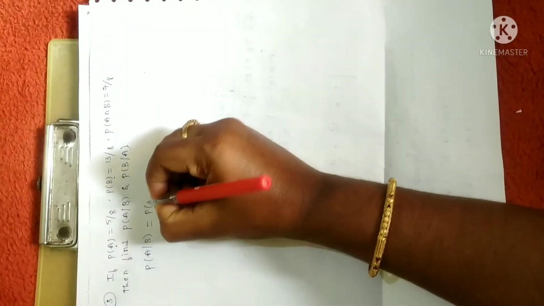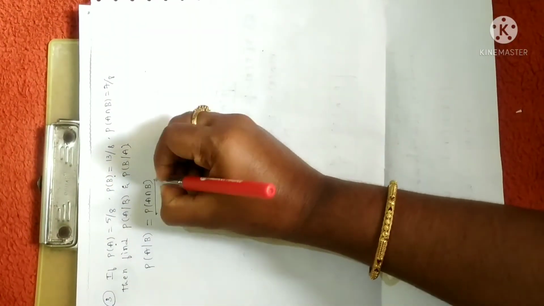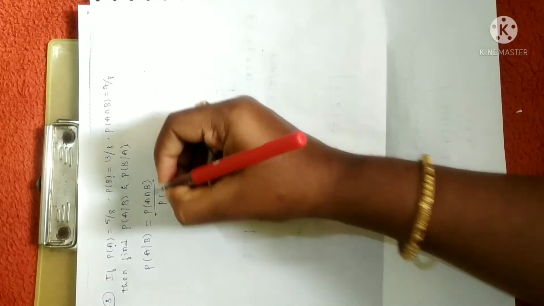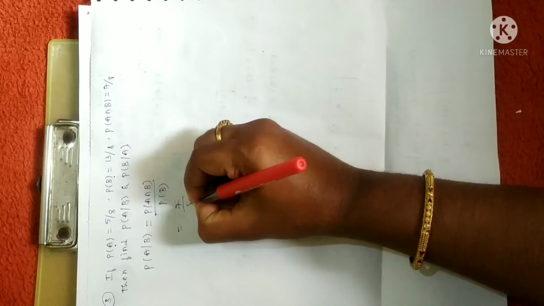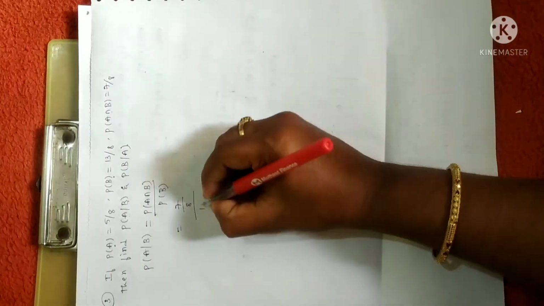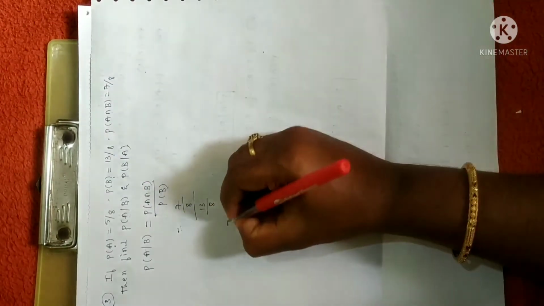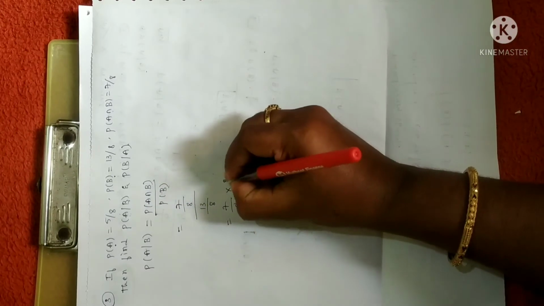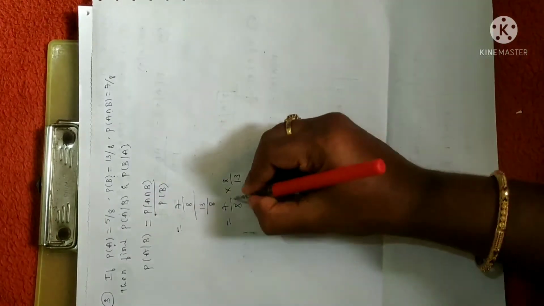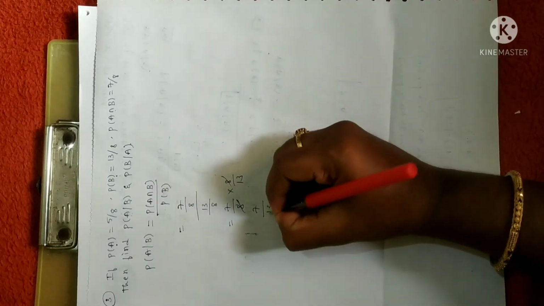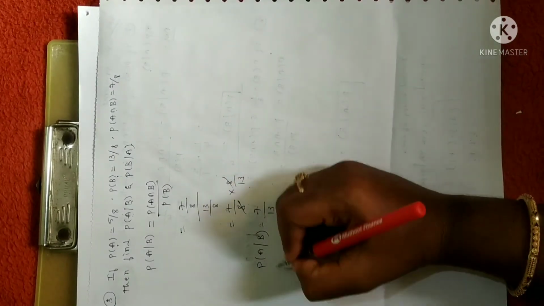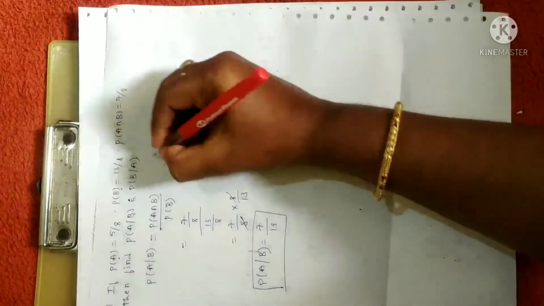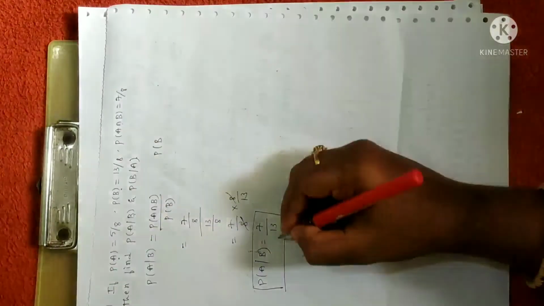It is given by P(A ∩ B) divided by P(B). Just a formula. The probability of A intersection B is given as 7 by 8, divided by the probability of B, 13 by 8. So let me simplify: 7 by 8 into 8 by 13. When you shift this, the 8 gets cancelled. You will get 7 by 13. So it is the probability of event A with reference to B, that is, event B has already occurred. Next, this is the answer for the first one.